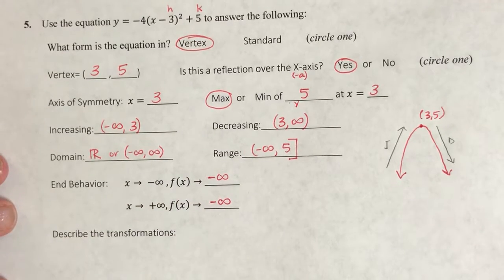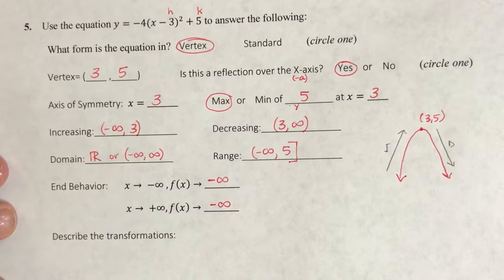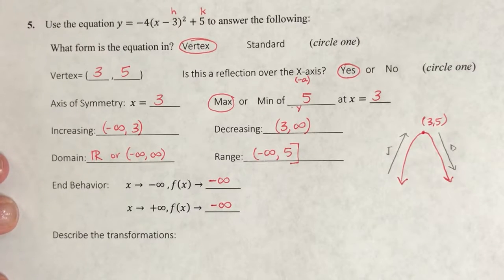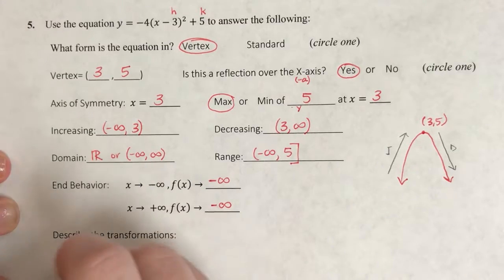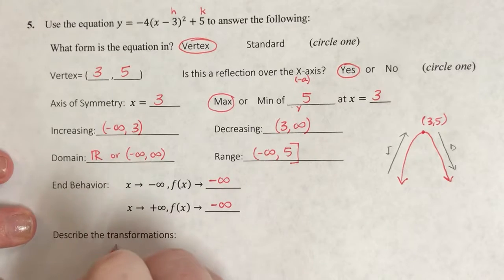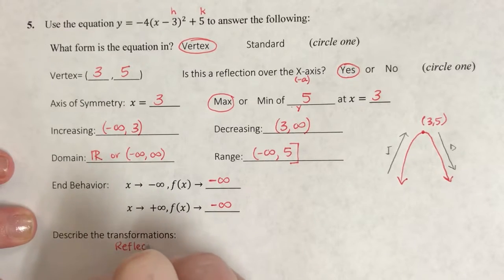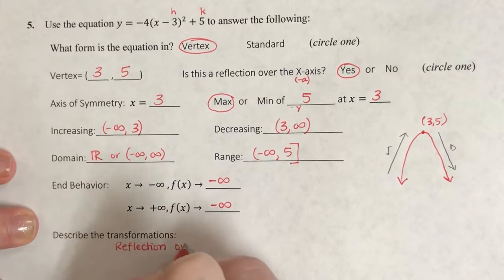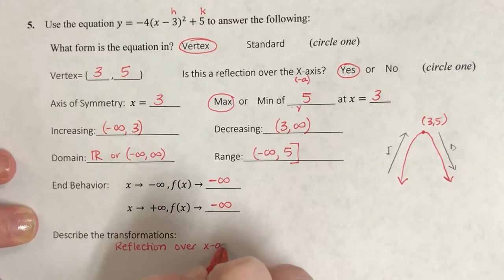And we can list our transformations based on this equation. So the negative that is in front of the equation will be a reflection over the x-axis.